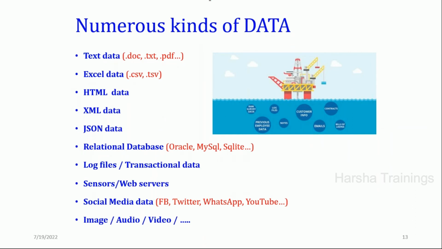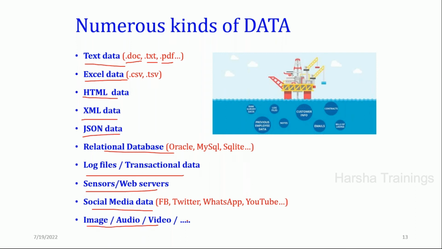Mostly as a data scientist, you may deal with text data like Word documents, Notepad text data, or PDF data. You also deal with Excel data. The data may come from text, Excel, HTML, XML, JSON, relational databases, log files, transactional data, or we have to collect data from sensors, web servers, or social media data like image, audio, video.